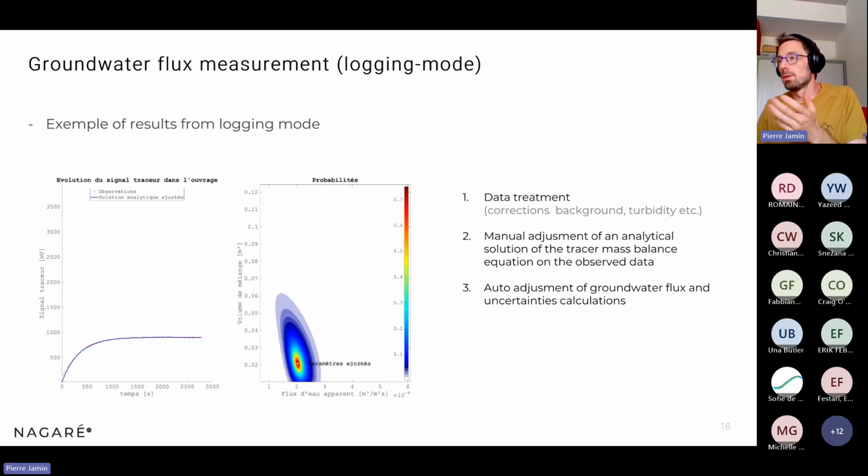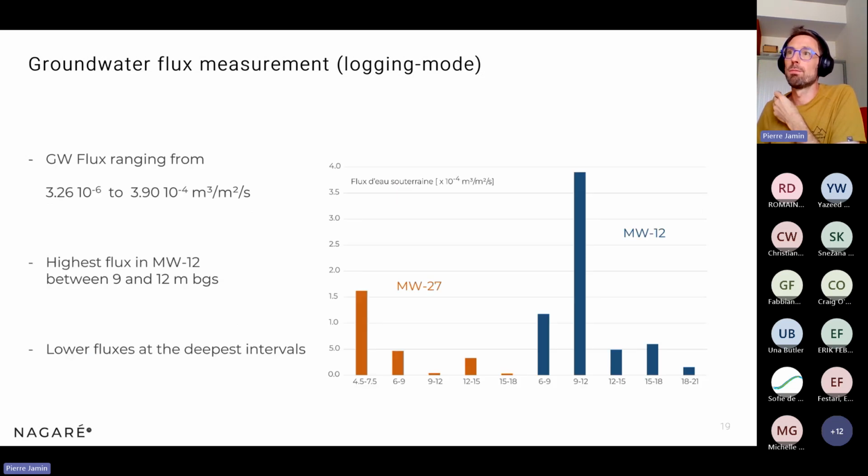So we did that on five intervals of each of the two wells, and we get groundwater fluxes ranging from 3 10 to minus 6 to 4 10 to minus 4 meter per second. So in fact, 2 orders of magnitude of variation in flux, really in the vicinity of the pumping well.